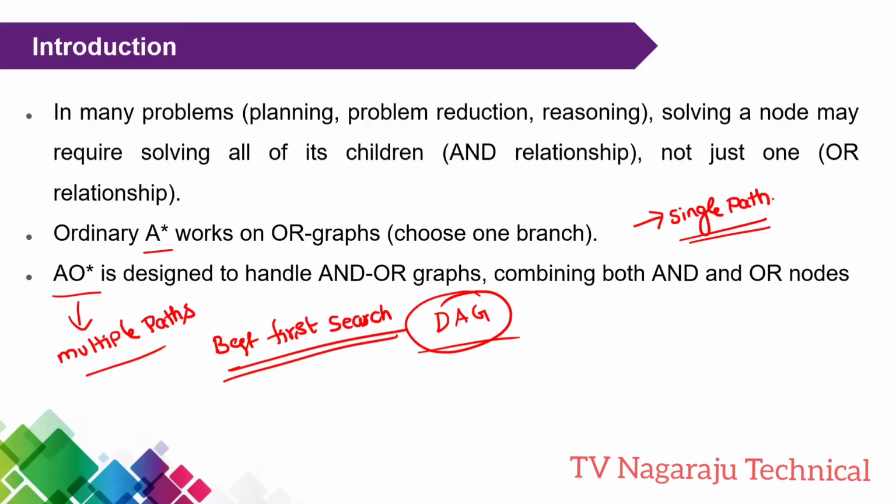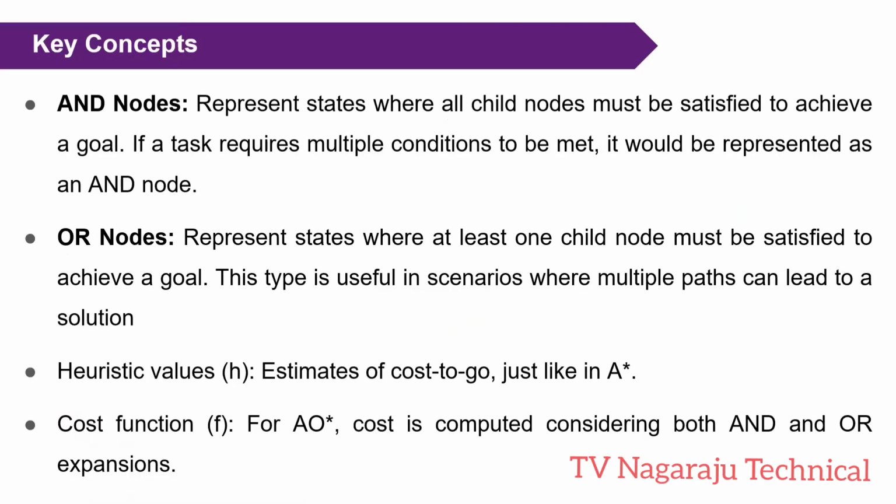And one more thing is the AO star algorithm is mainly designed for solving the problem that includes AND-OR graphs. That is, it combines both the AND nodes and OR nodes. First of all, you need to understand what is meant by AND node and what is OR node. Now we will discuss. AND node means assume I am at this state. These are the children.